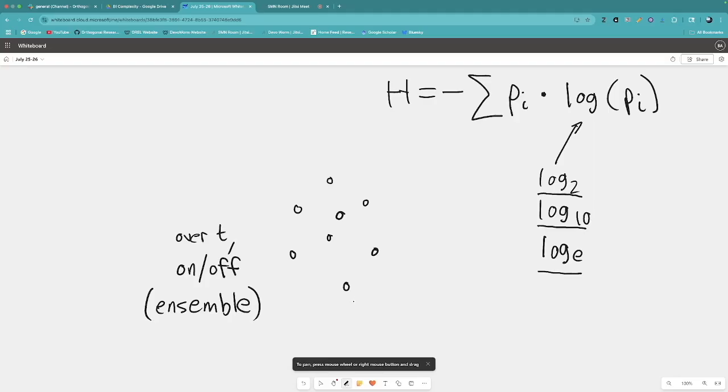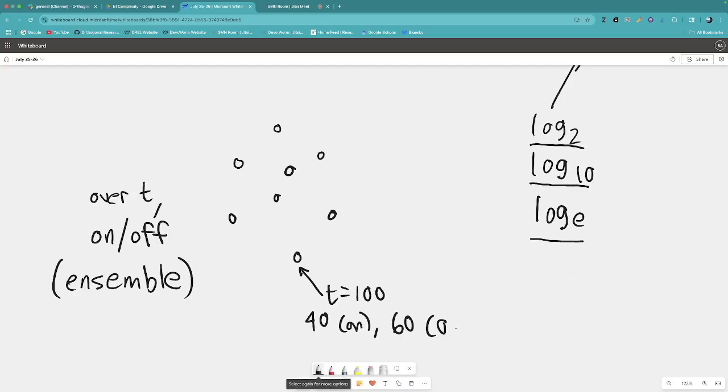So let's say we measure for 100 time points, and we'll say that it's 40 on and 60 off. What we want to know is not whether it's 100% on or 100% off. What we want to know is what is the variation here.